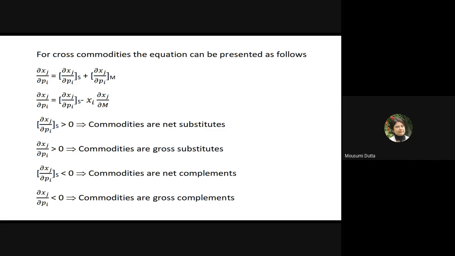However, if the commodities are gross substitutes, they are also net substitutes to each other.